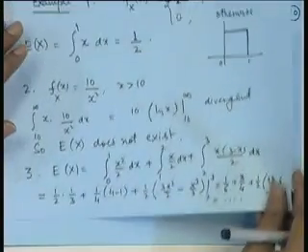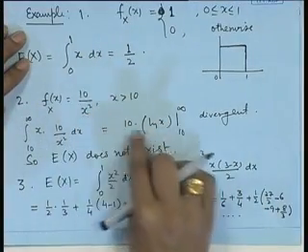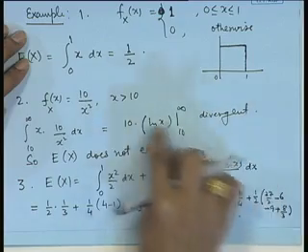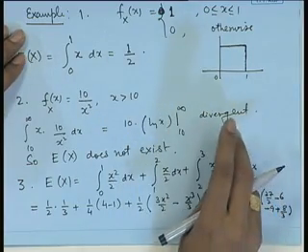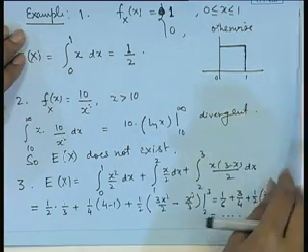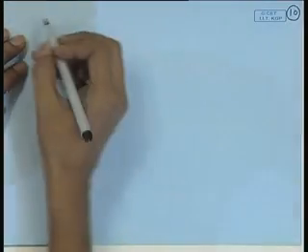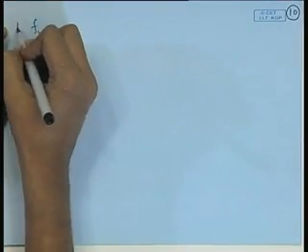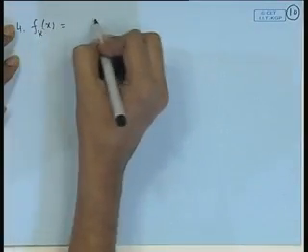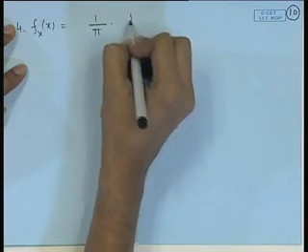There may be some other case also where it looks that the expectation will exist, as we have seen in the second example. The integral itself is divergent, and therefore we are directly concluding that the expectation does not exist. However, there may be a case where it looks that the integral will exist, but actually it does not.